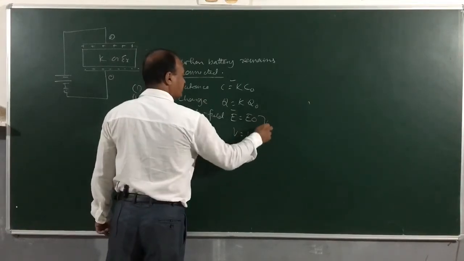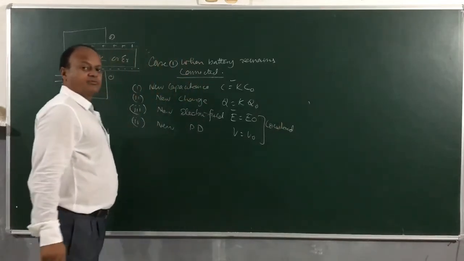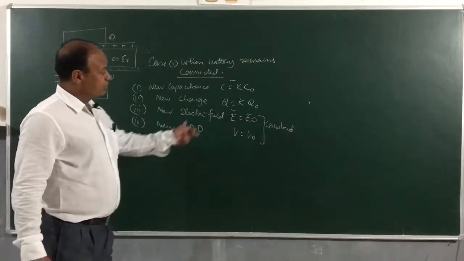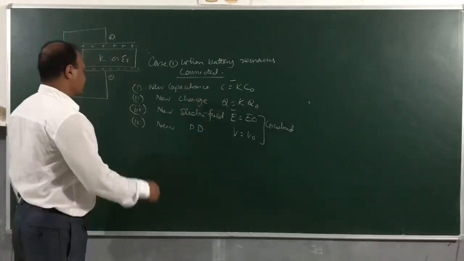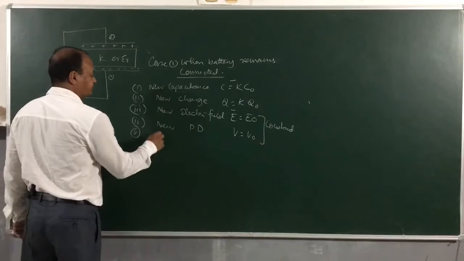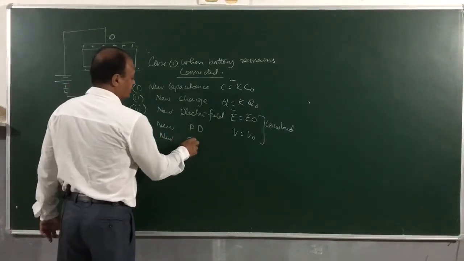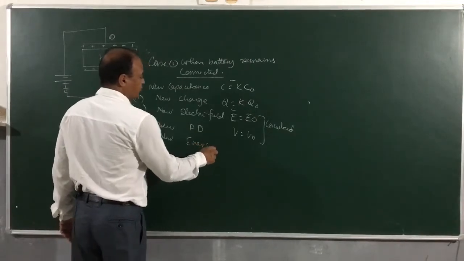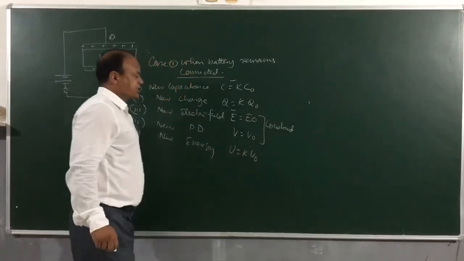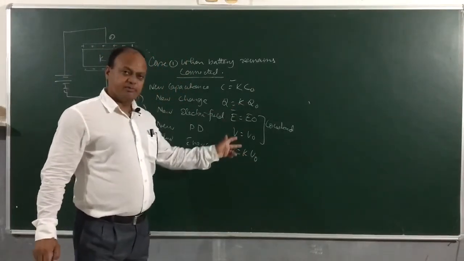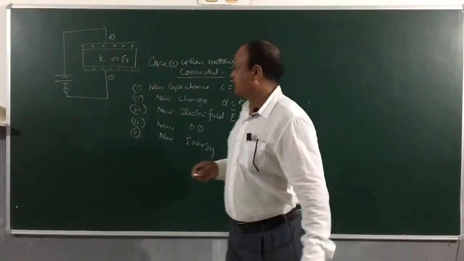So these two will remain constant, and as you are storing more charges, more work will be done, the energy of the capacitor will also increase. So number 5, new energy of the capacitor U will be equal to K times initial energy. So remember, in this case E and E0 will remain constant. This is case 1.